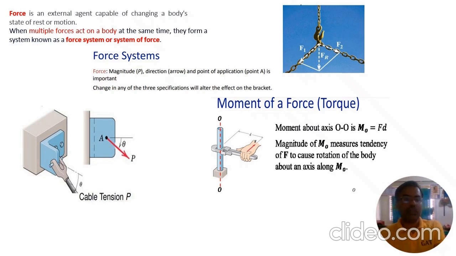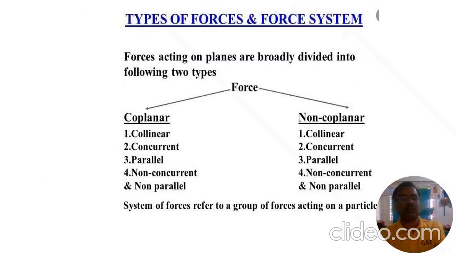There are various cables being used. The person is rotating a spanner, applying a force F from a distance D at the axis of that particular rod. We call this a moment, twisting moment or torque, things like that.